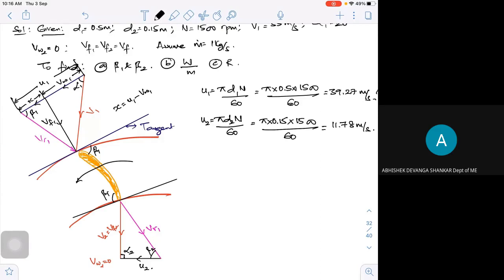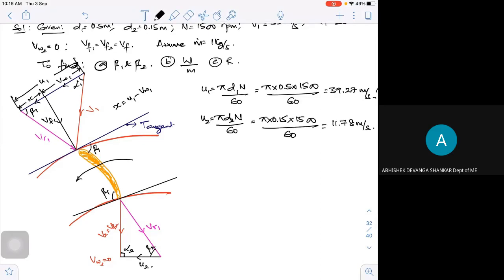Now let us consider the velocity triangle at the inlet.